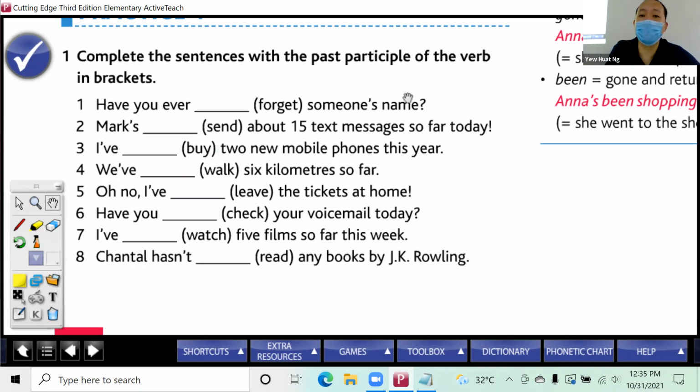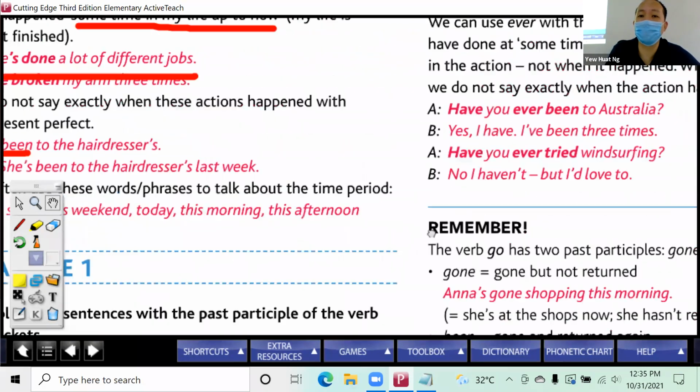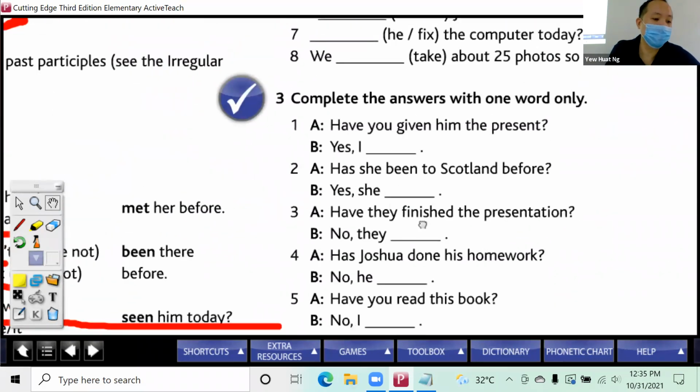Team, we are just doing all the exercises 1, 2, and 3. Just finish all of it, okay?